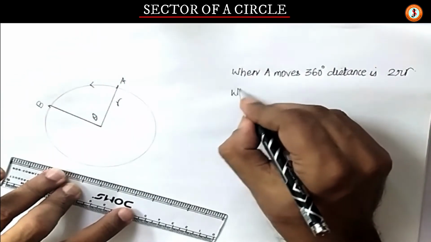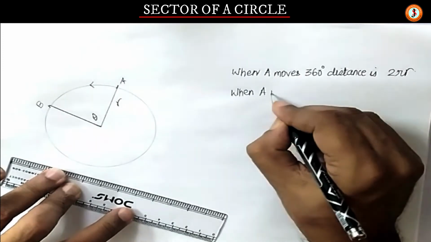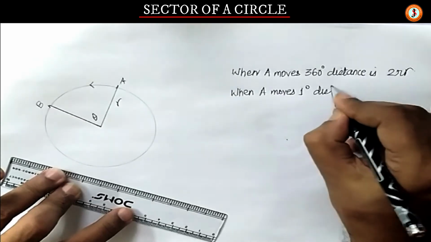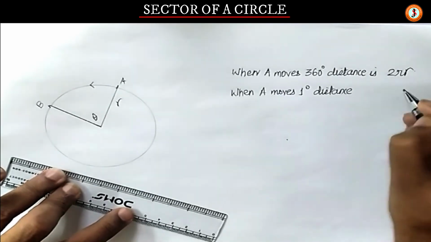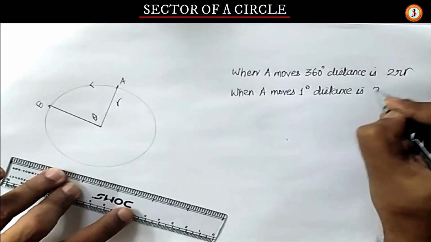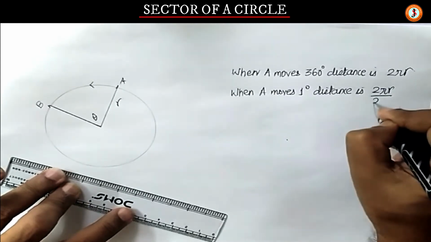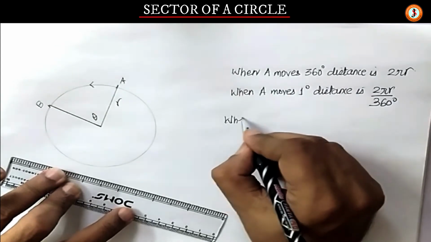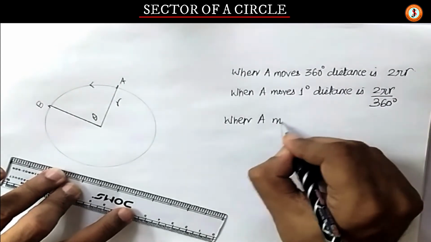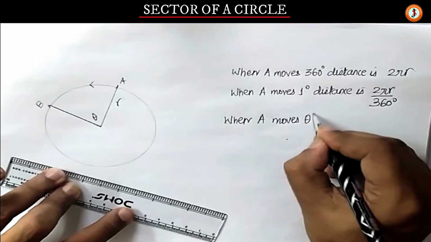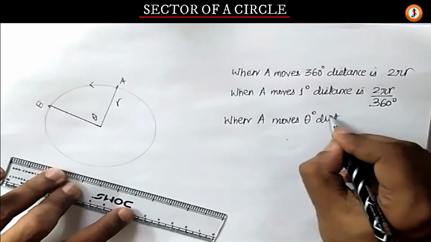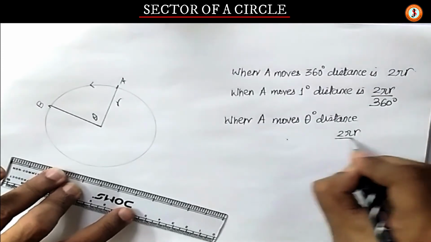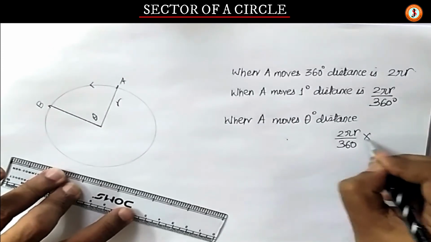When A moves 1 degree, distance covered is 2 pi r by 360. So when A moves theta degree, then distance is 2 pi r by 360 into theta.